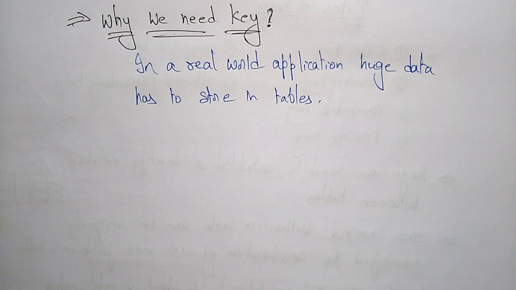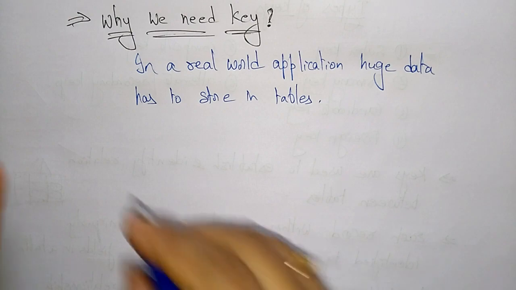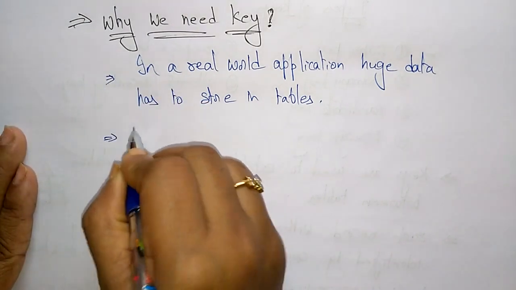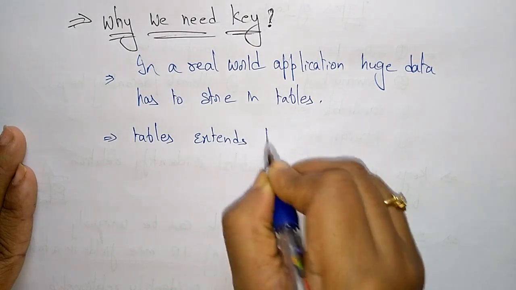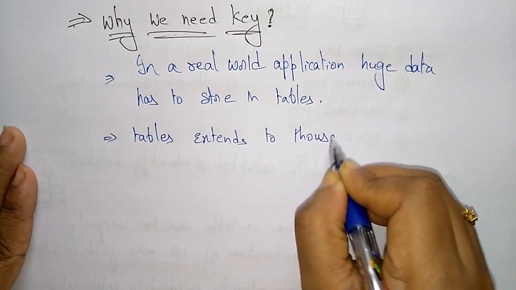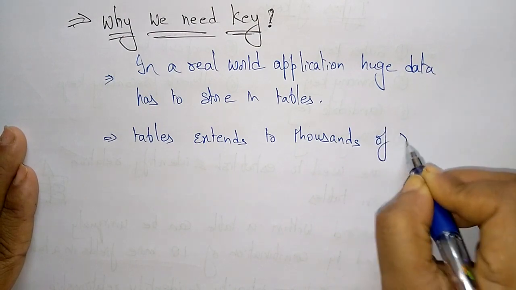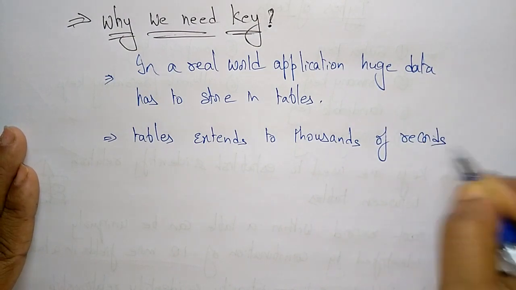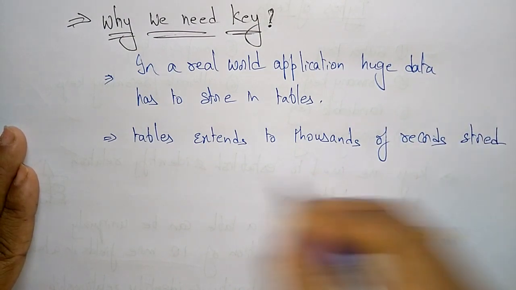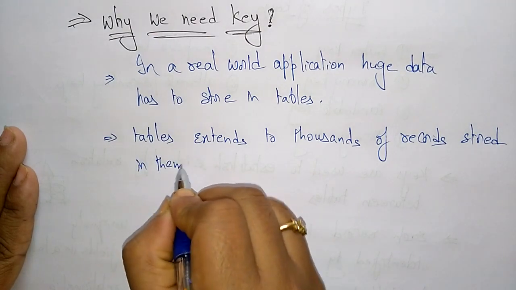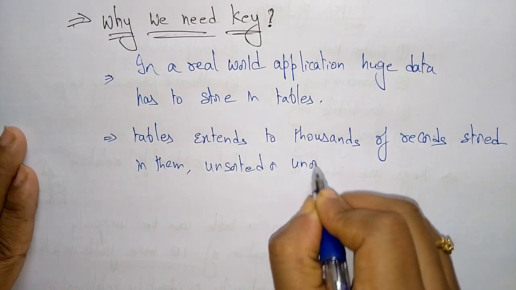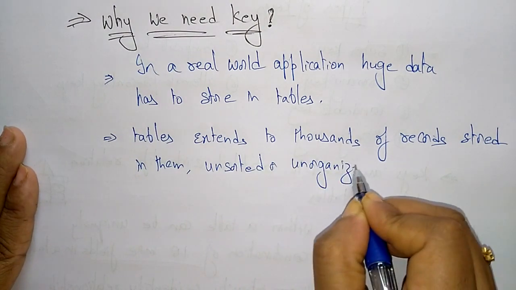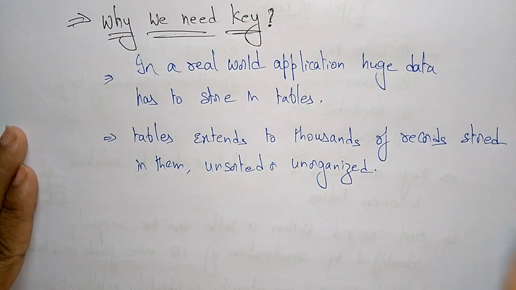Whenever you're entering records, the table size will be extending. Tables extend to thousands of records stored in them, that may be unsorted or unorganized. So let us think, a huge amount of data will be entered in the tables.